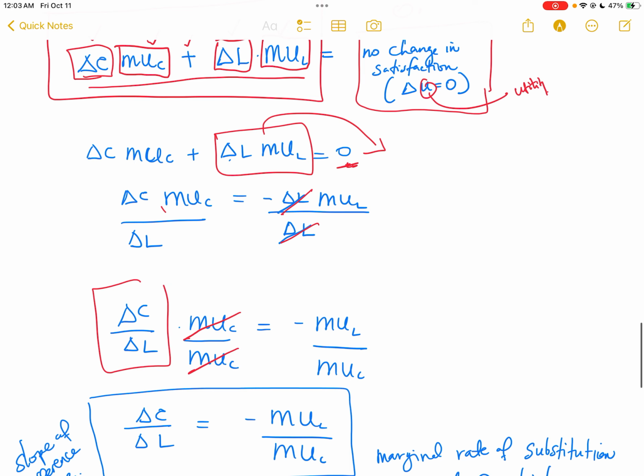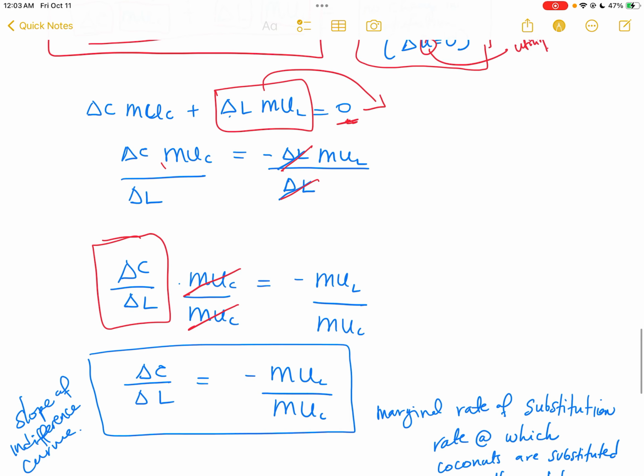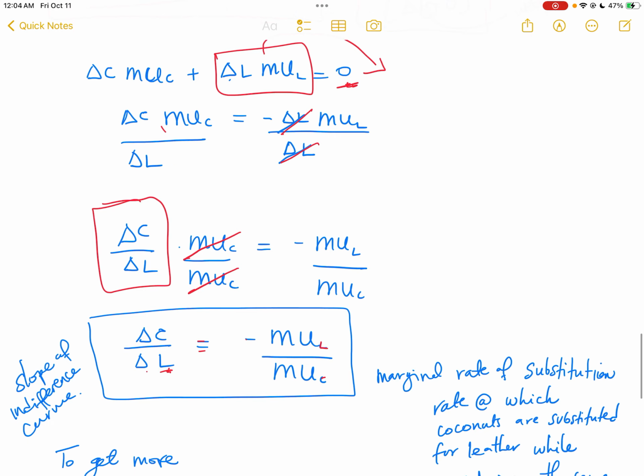And there we go. On the left-hand side, I have this as I wanted. And so that gives me change in the thing on the y-axis divided by change in the thing on the x-axis is equal to marginal utility of good L over marginal utility of coconuts. So the slope of the indifference curve is this stuff.